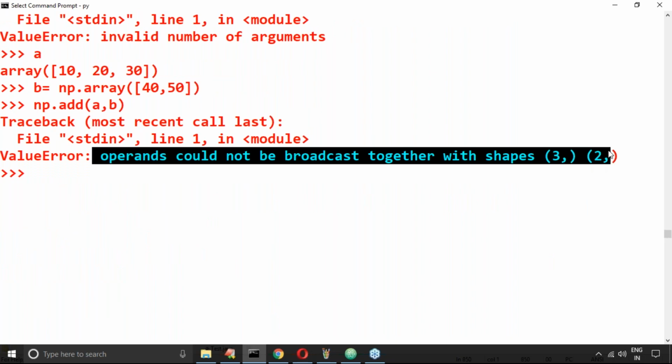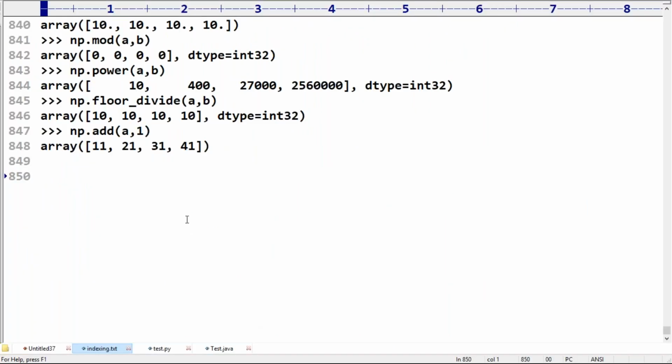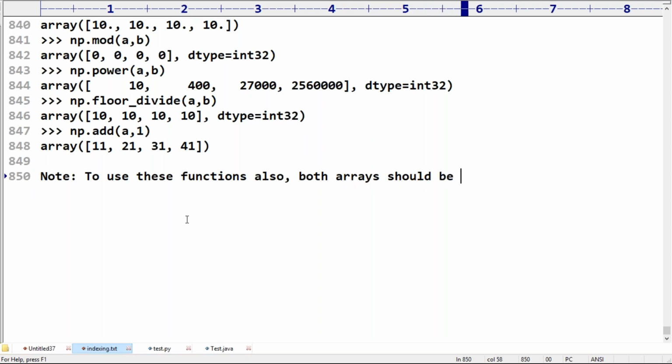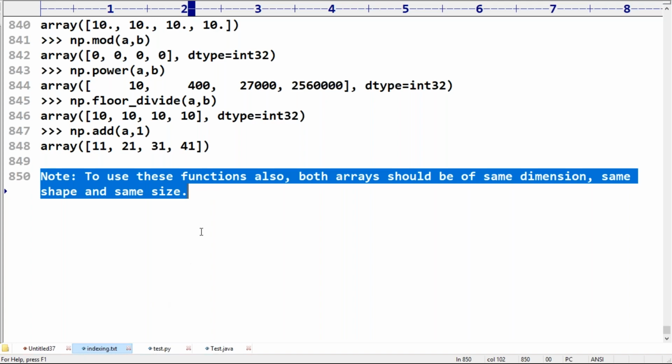Here also different shapes. Okay, it is not accepting. Okay, but anyway, if any change is required in the next level, definitely we will do that.